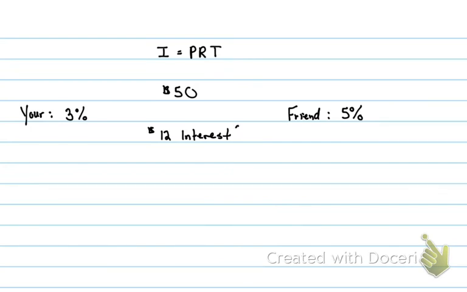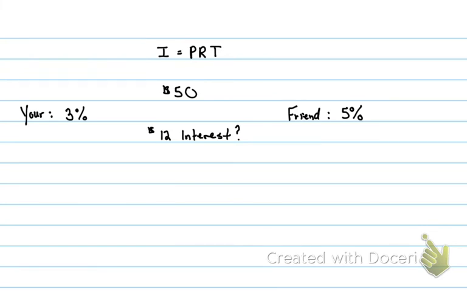Your account earns 3%, your friend's account earns 5%. We're just going to round to the nearest year, so it's probably not going to come out evenly. That's okay.